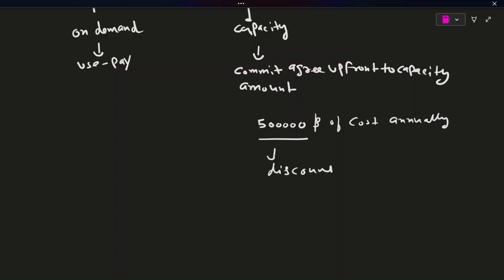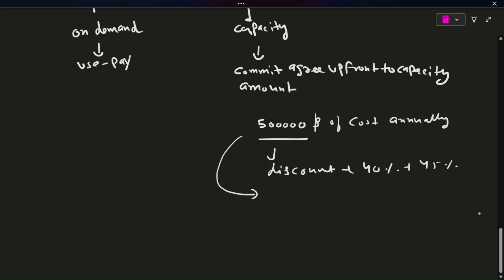It again depends on negotiation with Snowflake. So probably you will get 40% to 45% or more discount on the rates, and they will assign you some credit on the basis of the negotiation you have done.